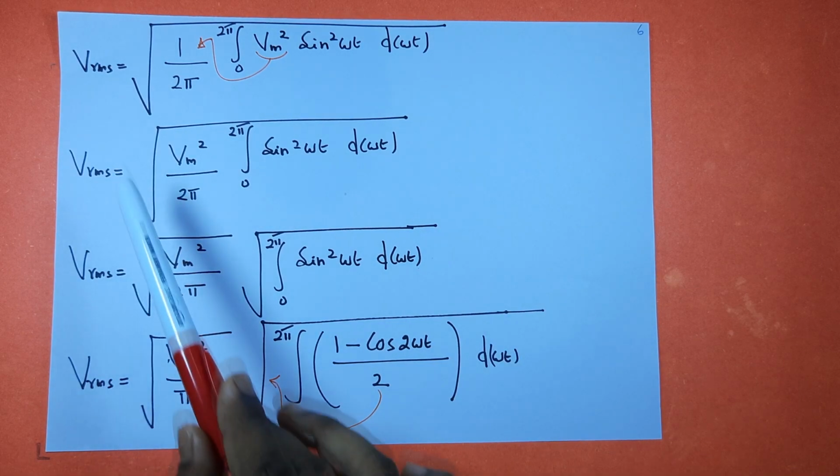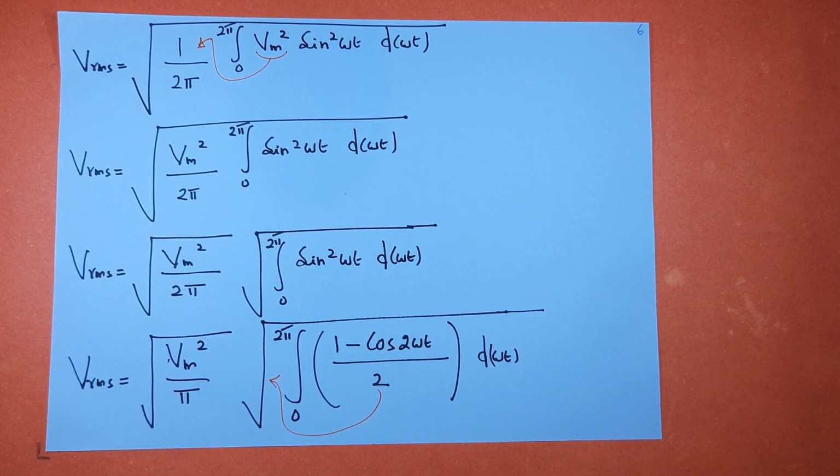So this I split the square root into 2. Vrms equal to square root of Vm square by 2 pi multiplied by square root of integral 0 to 2 pi sine square omega t d omega t.